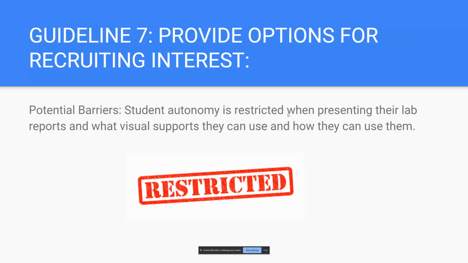I feel like they could branch out and make the reports their own while still including hypotheses and including all their data. I feel like it could be a much more group involved thing. Everybody speaks, not just one person speaks. It's a collaborative effort, so everybody is using their skills and using whatever visual supports they can to present to their classmates to teach them about their lab report.